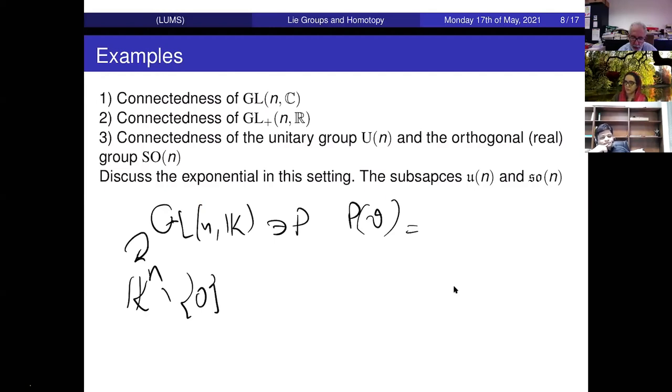This is the action, and the action is transitive. Why? Because any non-zero vector can be put inside a basis, and when you take a basis to another, you can prove that the action is transitive.